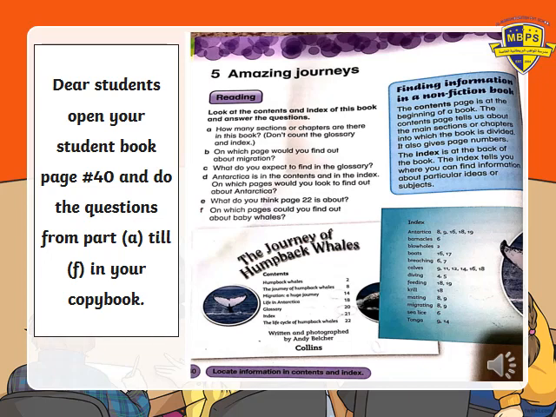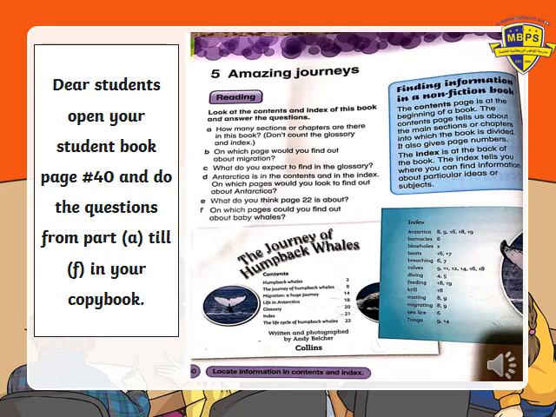D part, Antarctica is in the contents and in the index. On which pages would you look to find out about Antarctica? You will look into the index or contents. It's up to you. You will decide. Then write down the answer in the copybook.